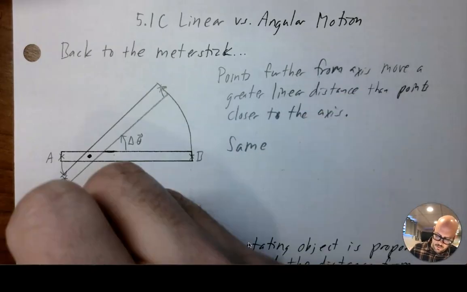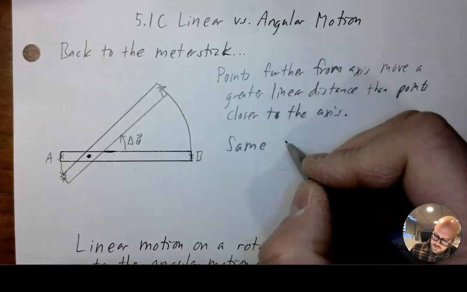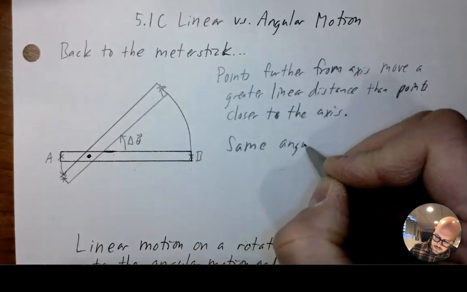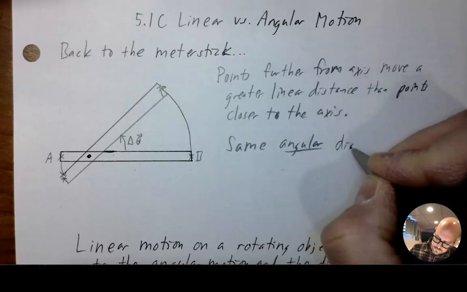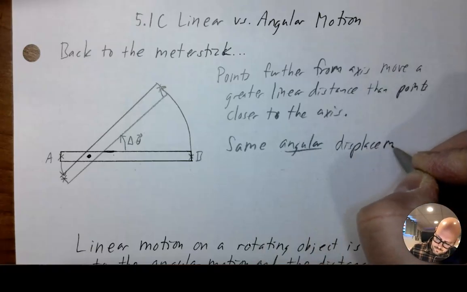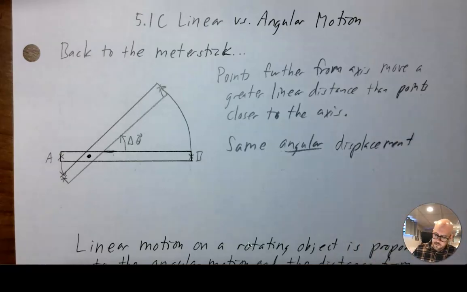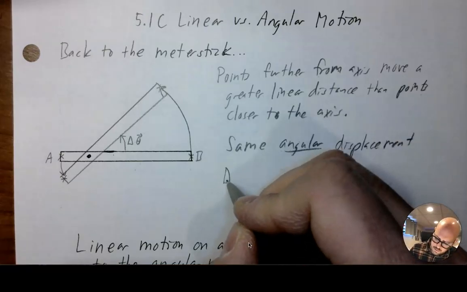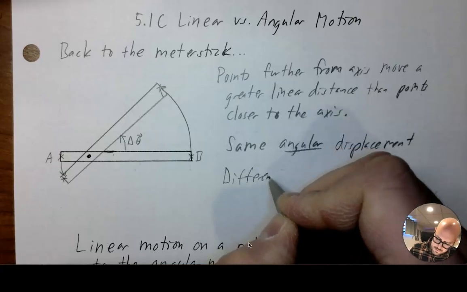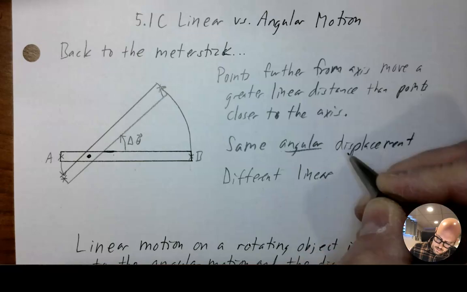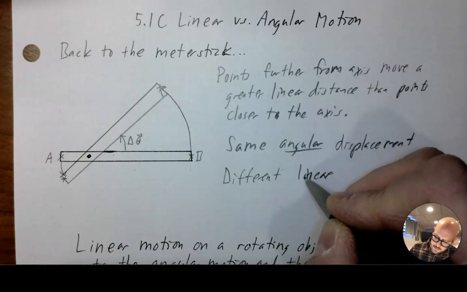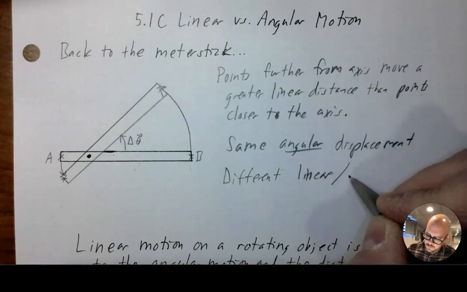All parts of an object, when rotated, move the same angular distance, or angular displacement. However, based on location, there will be different linear, and linear in a circular motion is called tangential.